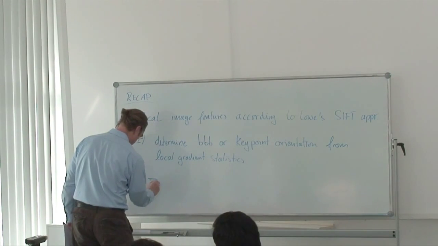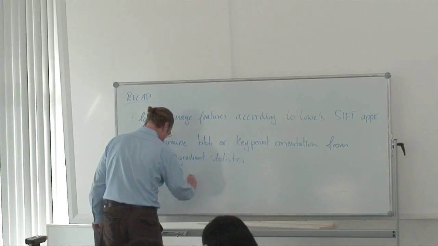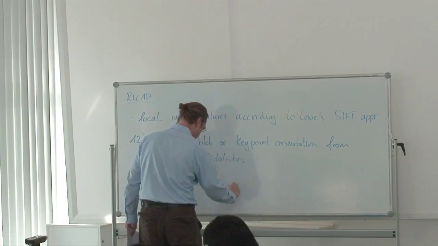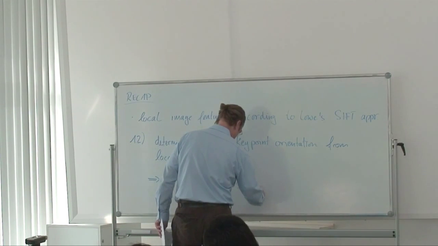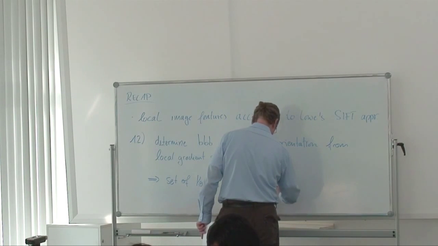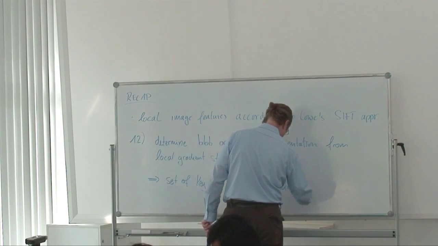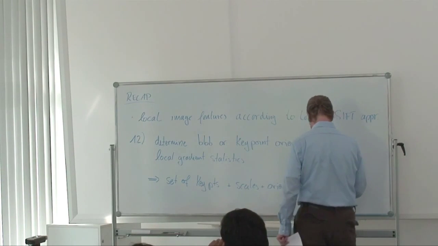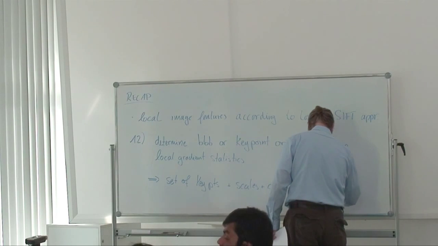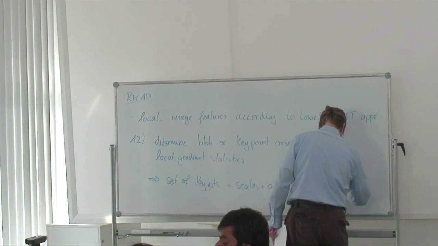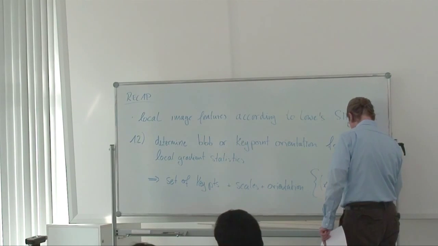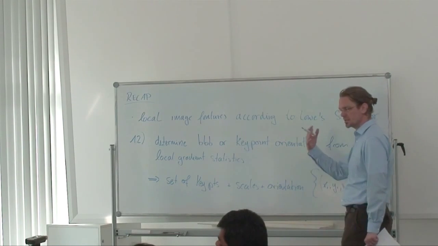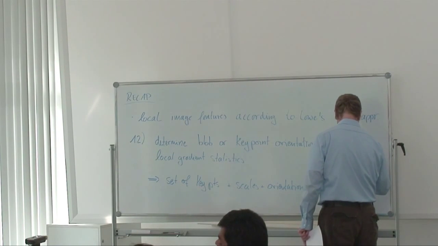Therefore, after this step we end up with a set of key points and scales and orientations. And so we are now dealing with a set of quadruples xi, yi, sigma i, nothing new so far, and now the fourth component is theta i, the angle that indicates the locally dominant orientation.